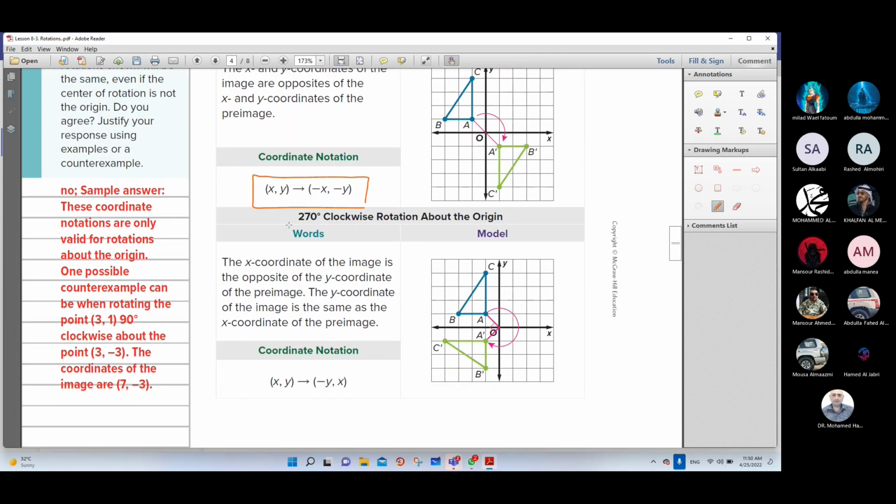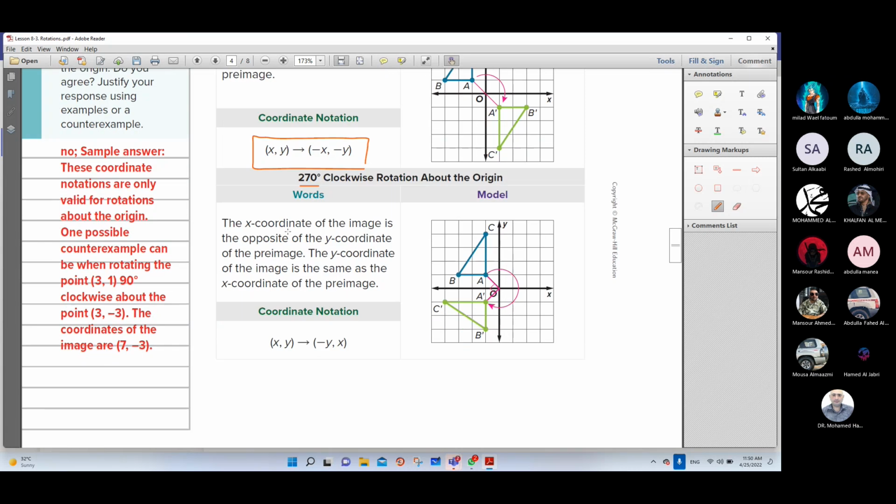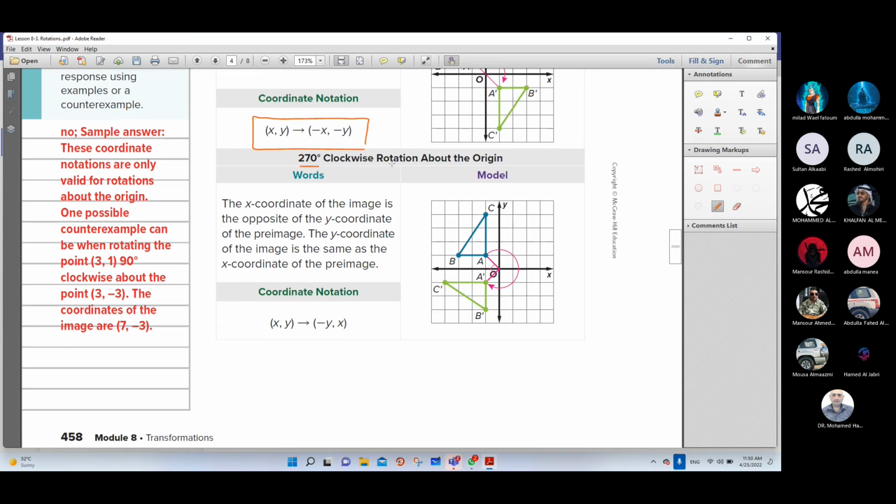And if you have a 270 degree clockwise rotation about the origin, in this case the x coordinate of the image is the opposite of the y coordinate of the pre-image. The y coordinate of the image is the same as the x coordinate of the pre-image.